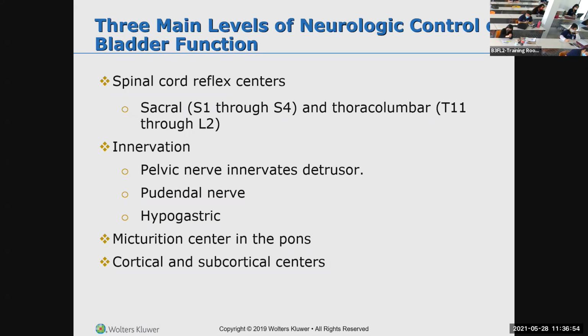Innervation comes from the pelvic nerve, which innervates the detrusor muscle, the pudendal nerve, and the hypogastric nerve. Look at the diagram, the textbook is pretty clear.